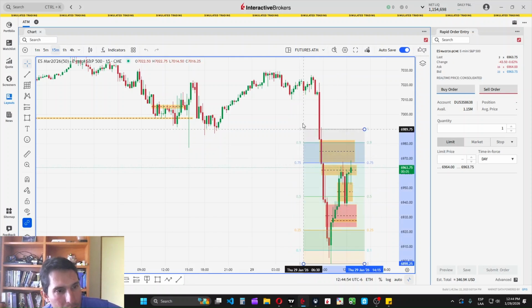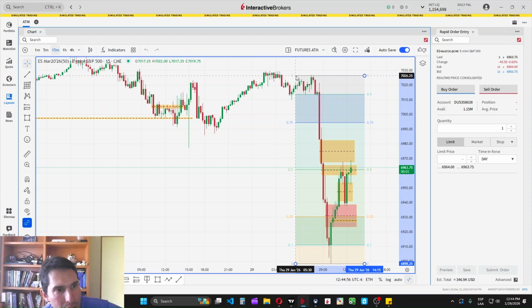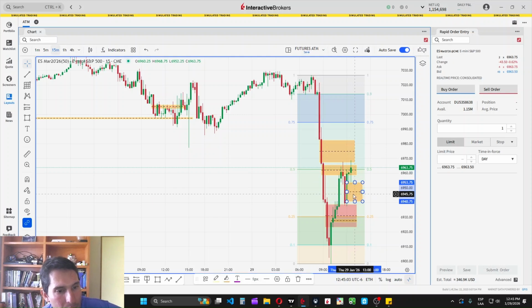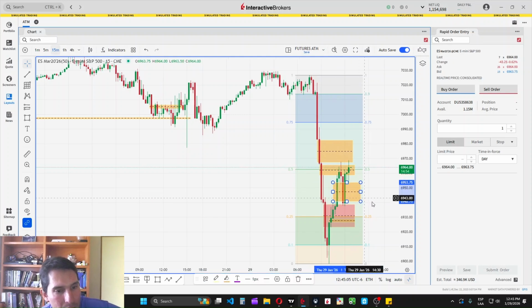Now you can say, okay, so you can take the long again. Here I have this fair value gap that price closes above, and then price touches it again, and then you can trade the long.